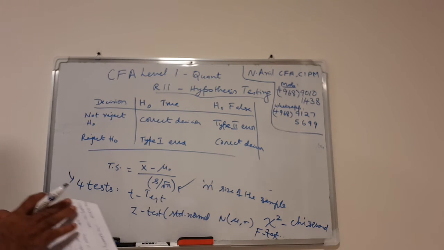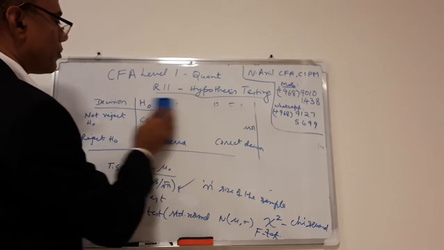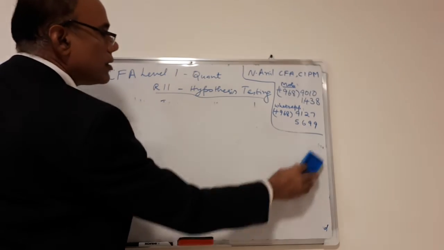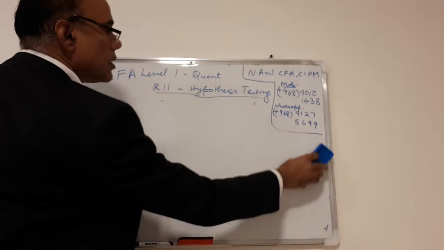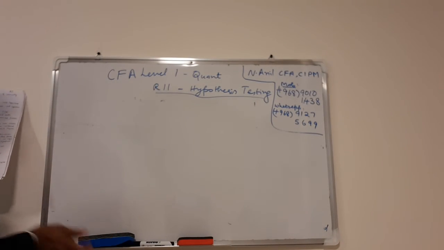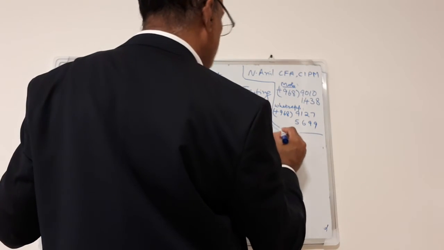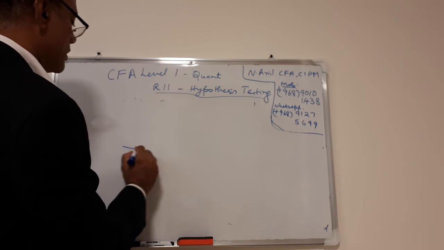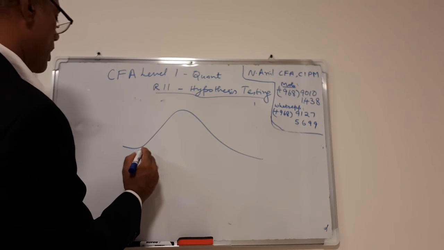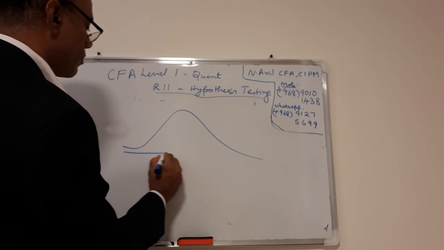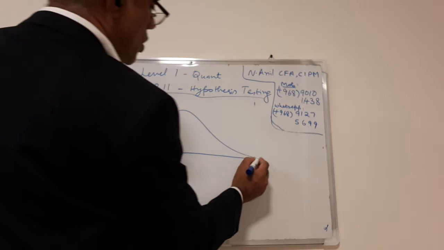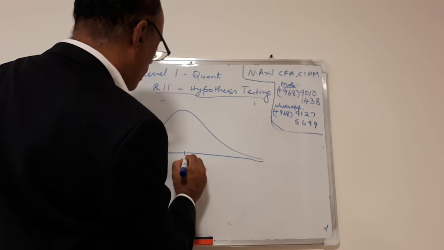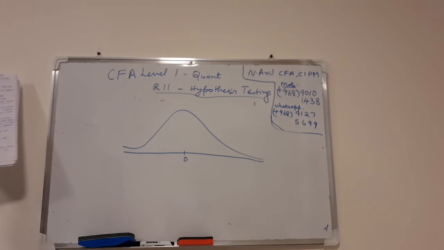Now let me show it as a distribution. Suppose we have a two-sided test, a bell curve, and we have the origin or the mean here.